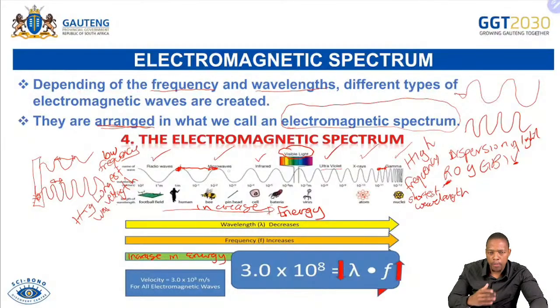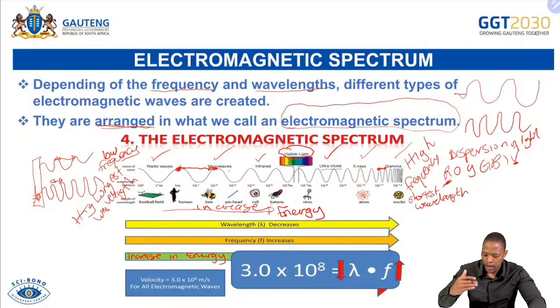Followed by the microwaves, infrared, visible, ultraviolet light, X-rays, and gamma rays. When it comes to energy, the radio waves will have the lowest frequency. They will also have the lowest energy, while the gamma rays will have the highest frequency. They are also going to have the highest energy. Okay, the radio waves will have the longest wavelength.